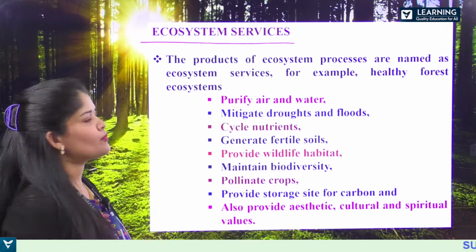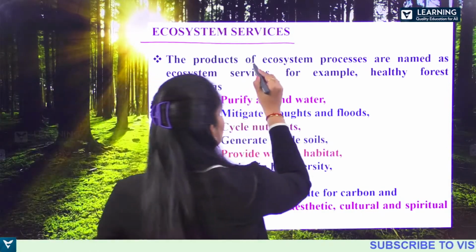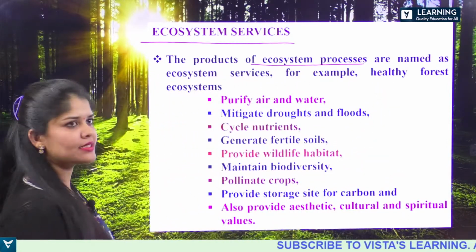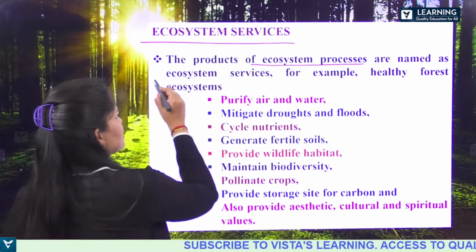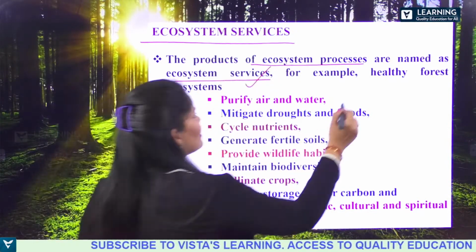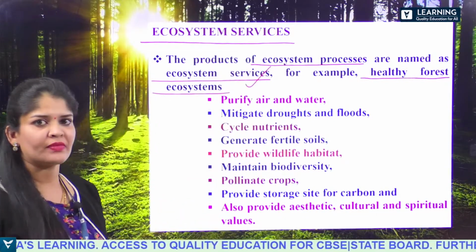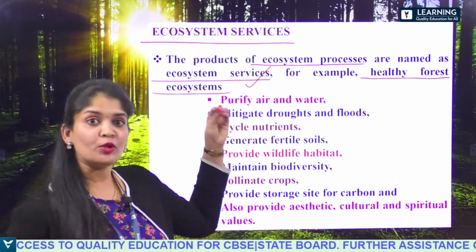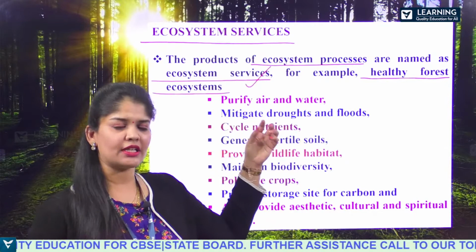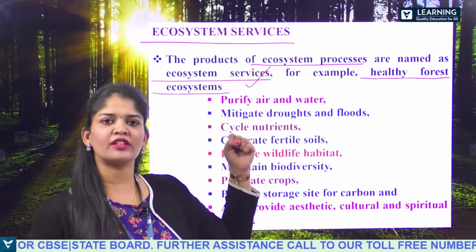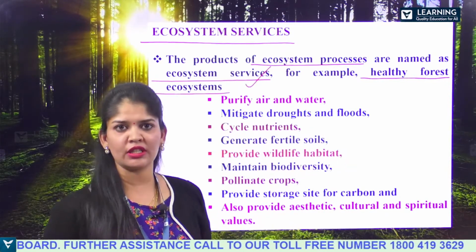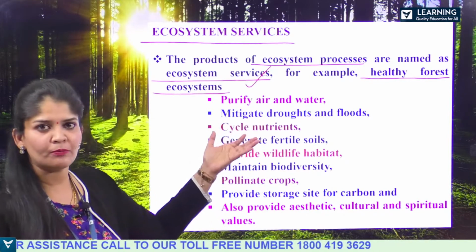Here, the products of ecosystem processes are named ecosystem services, ecological services. For example, a healthy forest ecosystem provides all this. It will purify the air, it will purify the water which is available for drinking, which is available for breathing, right? Purified air.